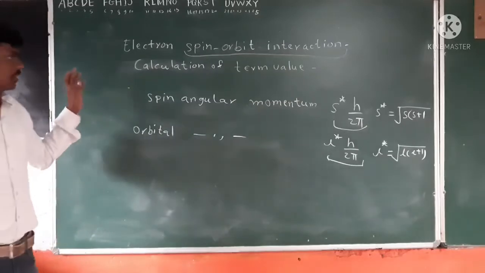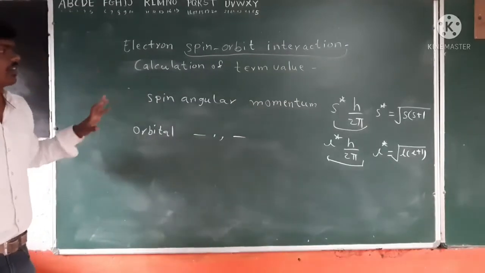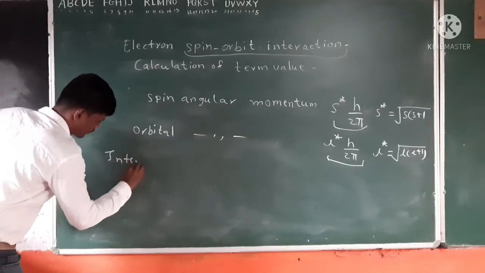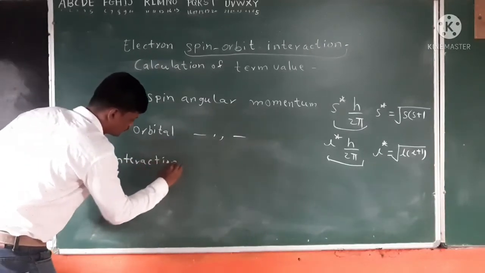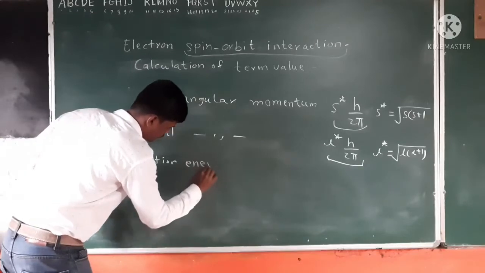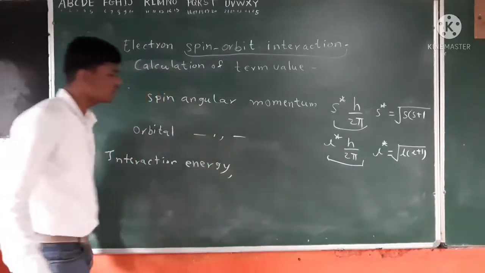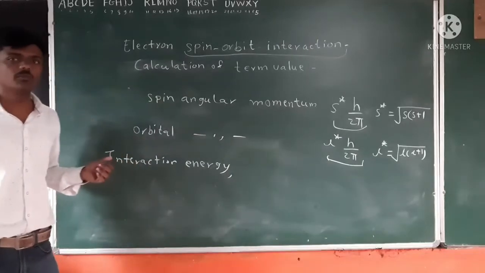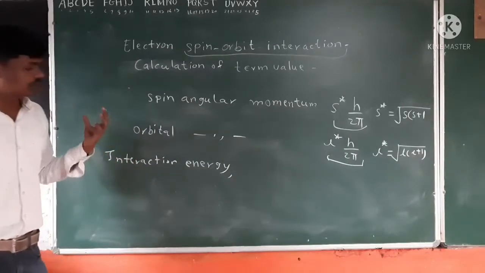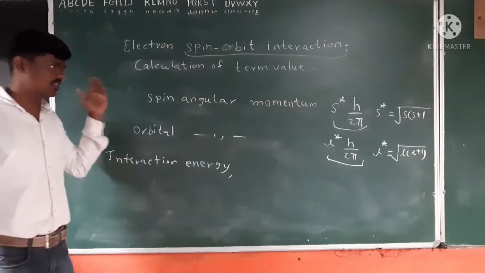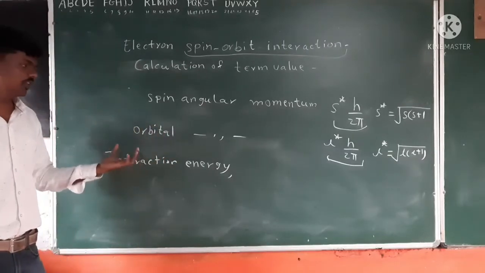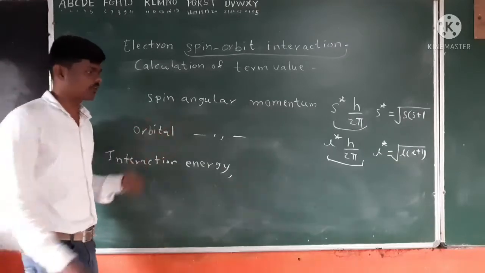So what is interaction energy? First we have to calculate the interaction energy. Interaction energy is nothing but the change in kinetic energy of the system, of the atom, due to the precession of the electron.